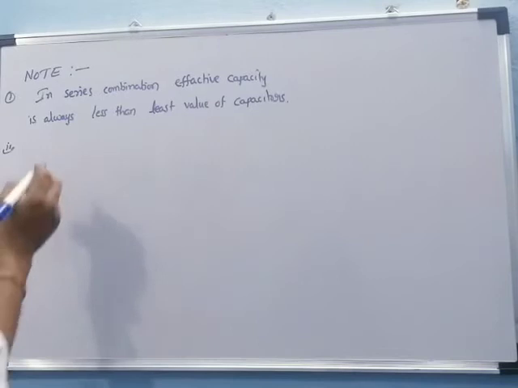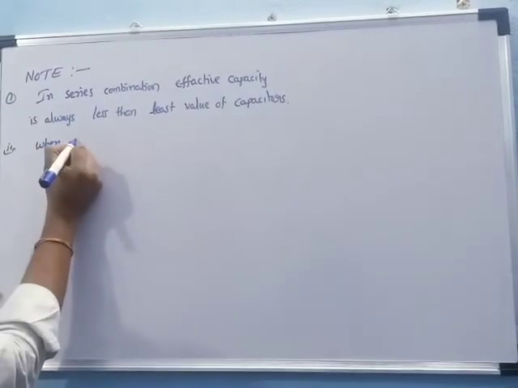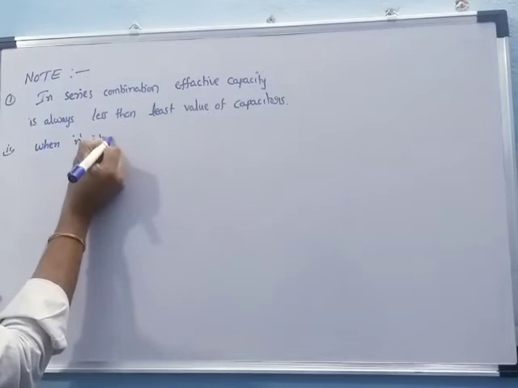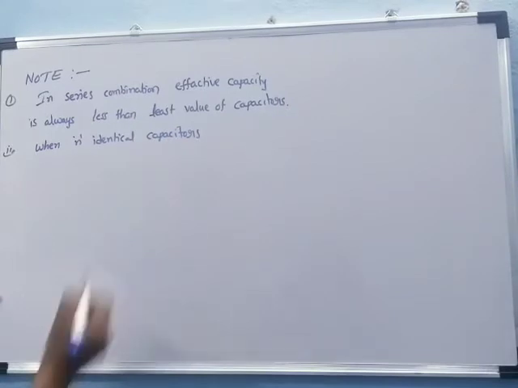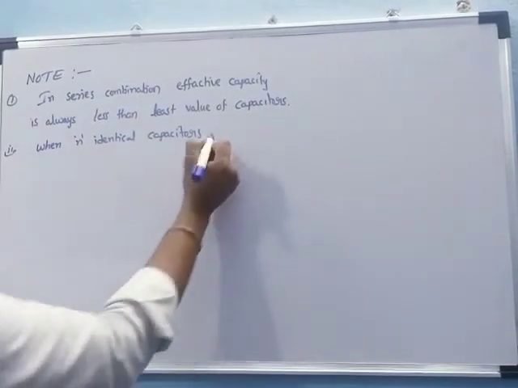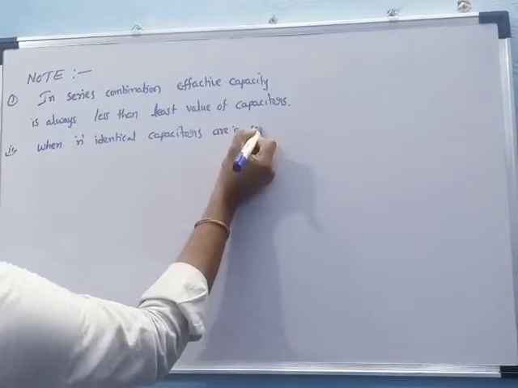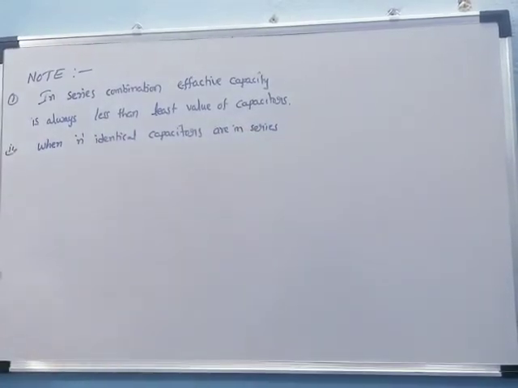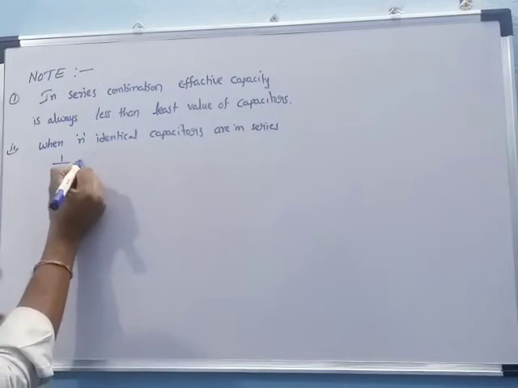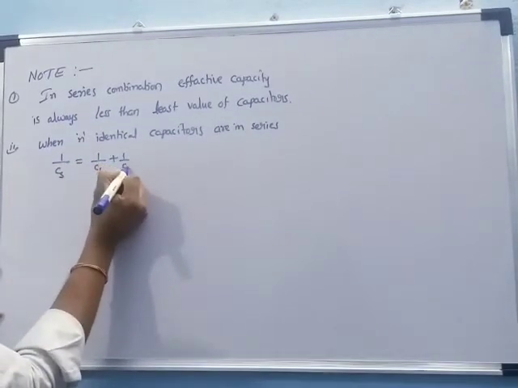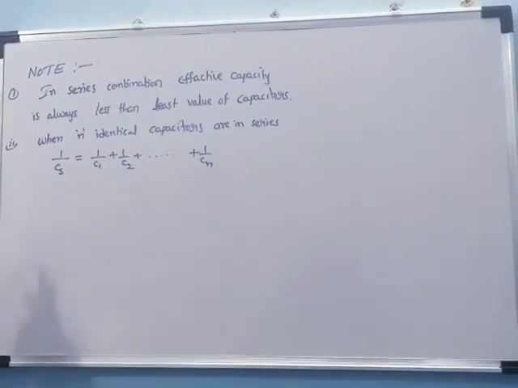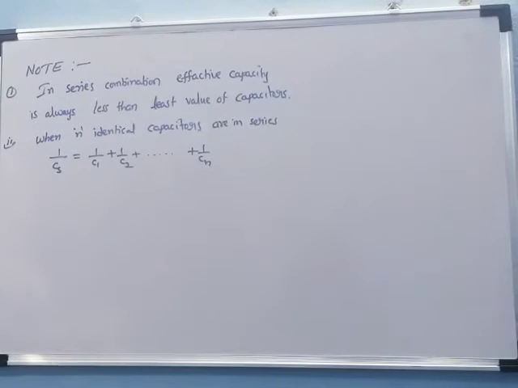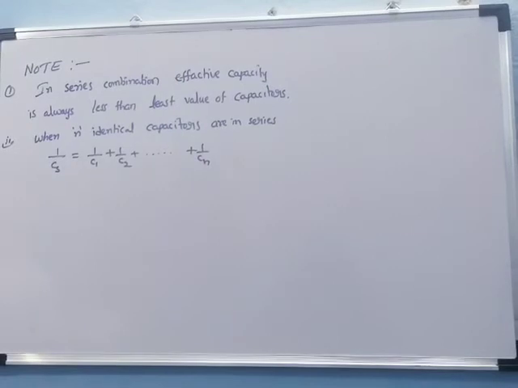The second one: when n identical capacitors are in series, then its effective capacitance 1 by Cs is equal to 1 by C1 plus 1 by C2 and so on, 1 by Cn.